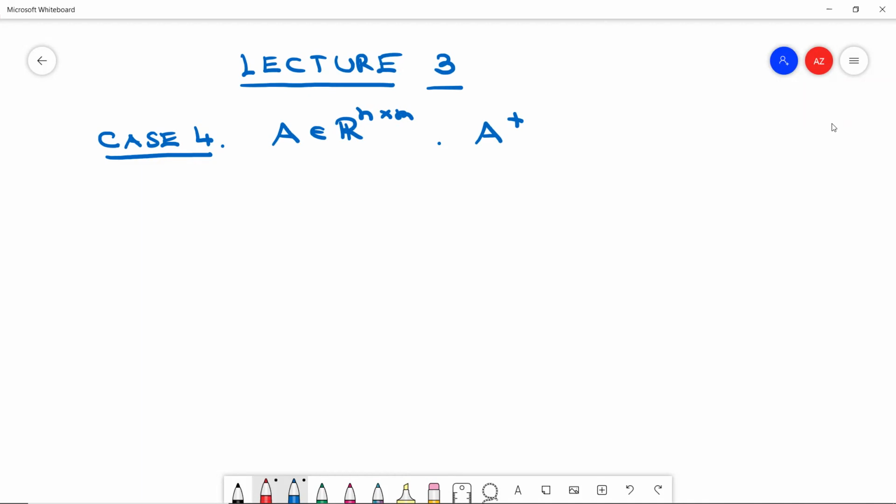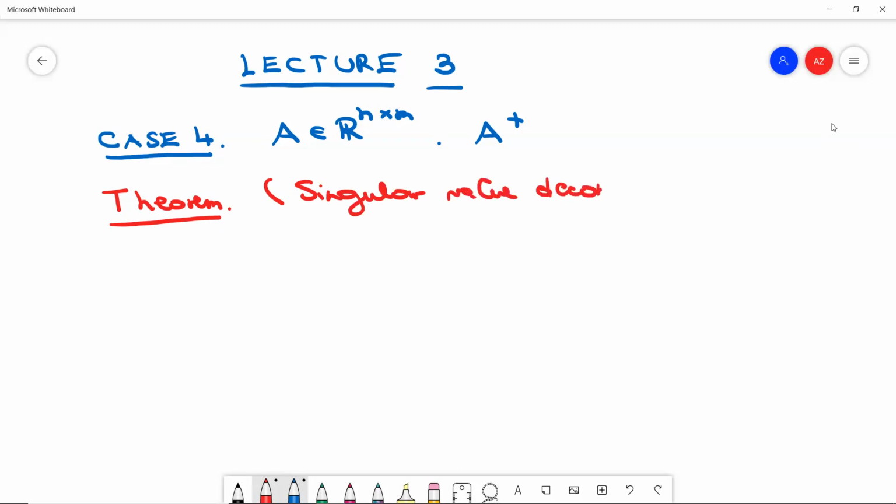For this aim, we will need the singular value decomposition of A. You probably know it from linear algebra, but we will recall what the singular value decomposition for a matrix A says. So theorem, SVD, singular value decomposition, or SVD for short from now on.